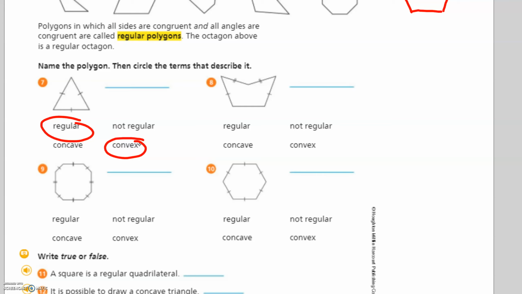Over here, we've got another figure. If you count the sides, 1, 2, 3, 4, 5, it's a pentagon. We could probably write the word pentagon here. I think we were supposed to write triangle on that other one. Okay, regular or not regular?